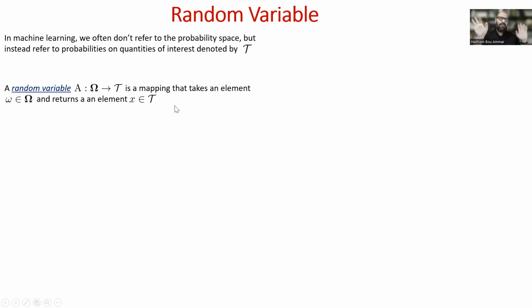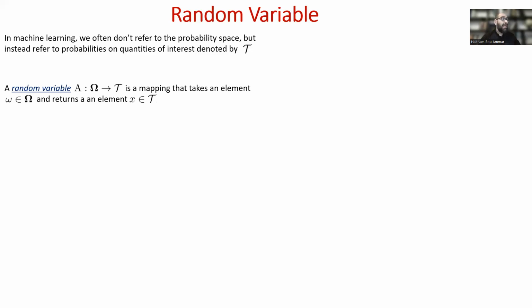So let's think about this a bit. What is a random variable? First of all, let us understand that there's a set T that defines quantities of interest for us. These are things we are actually interested in.